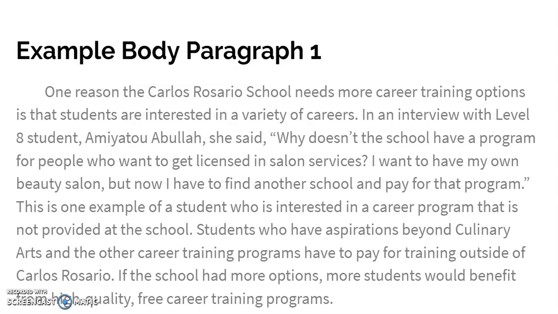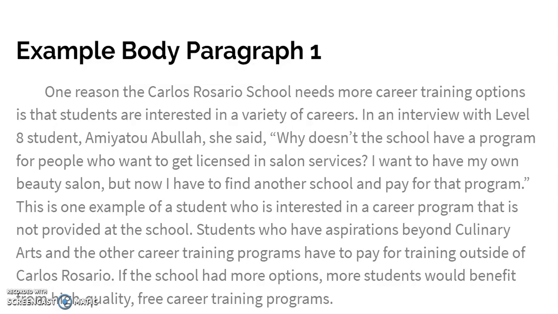It says, this is one example of a student who is interested in a career program that is not provided at the school. Students who have aspirations beyond culinary arts and the other career training programs have to pay for training outside of Carlos Rosario. If the school had more options, more students would benefit from high quality, free career training programs.